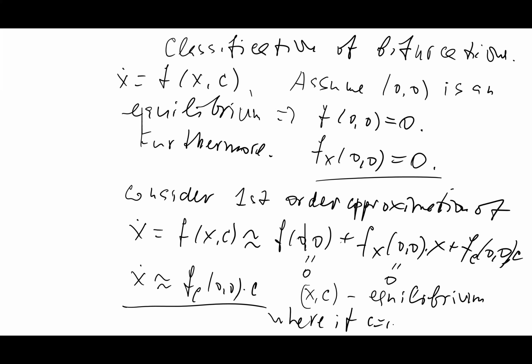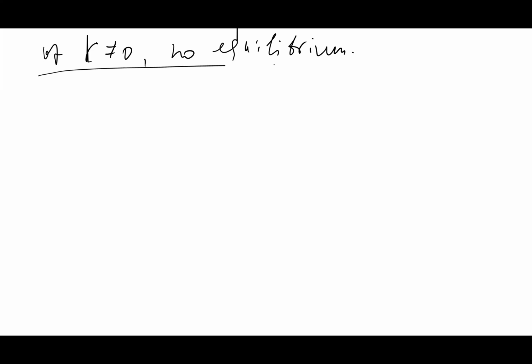If c equals 0, x is any number, and if c is non-zero, there is no equilibrium. This is called a degenerate case.